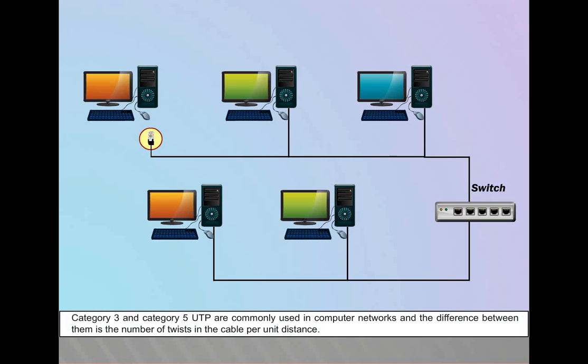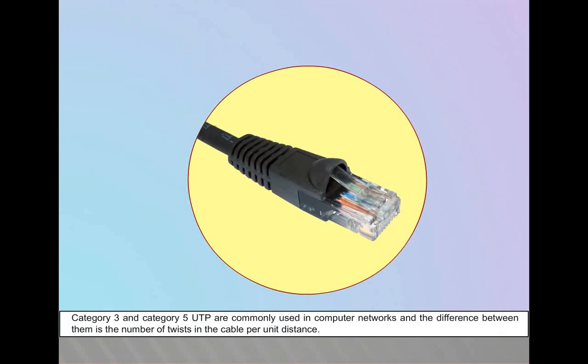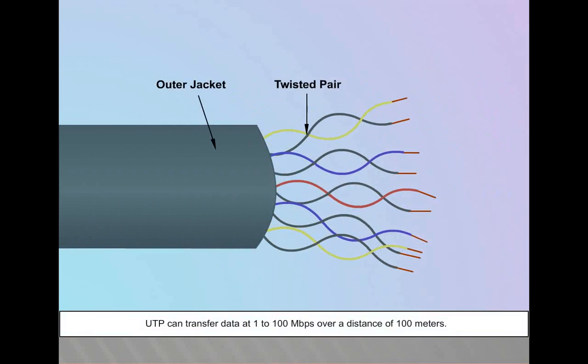Category 3 and category 5 UTP are commonly used in computer networks, and the difference between them is the number of twists in the cable per unit distance. UTP can transfer data at 1 to 100 Mbps over a distance of 100 meters.